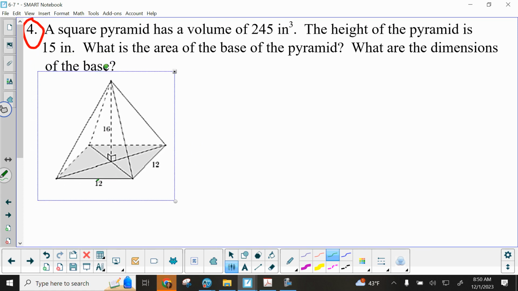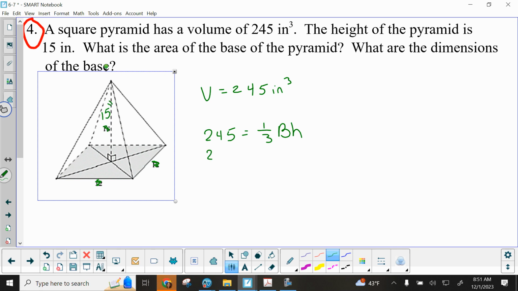It's telling me that I have a square pyramid again. And the volume is 245 inches cubed. So that means 245 is equal to 1/3 base area times height. And it wants me to figure out the base area, knowing that the height is 15 inches.